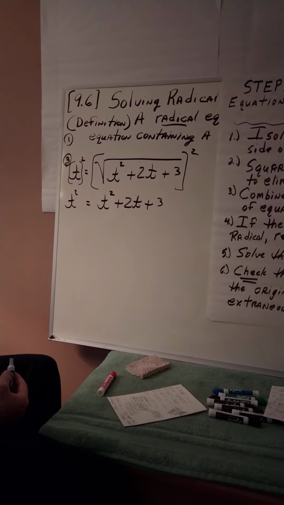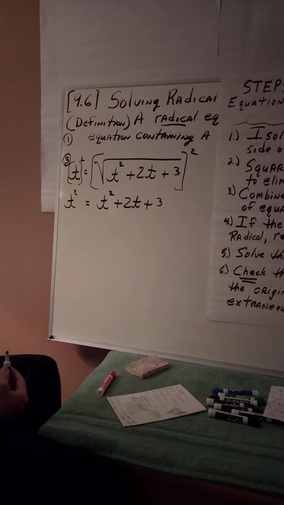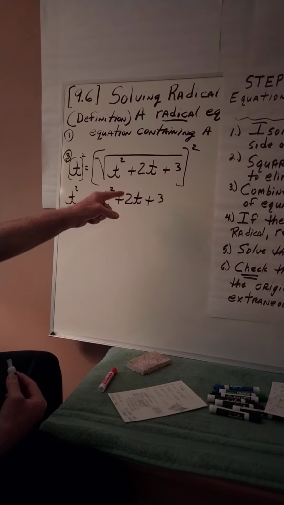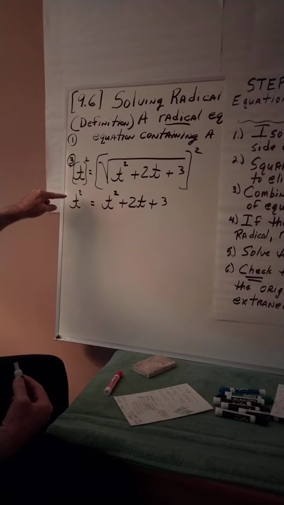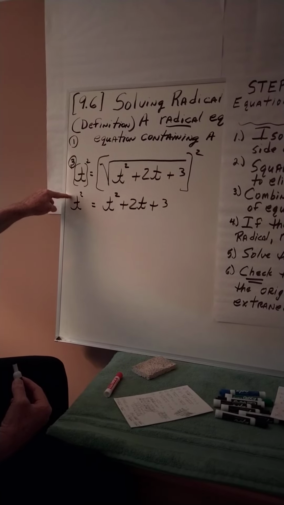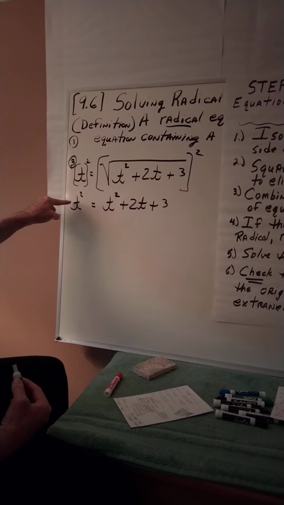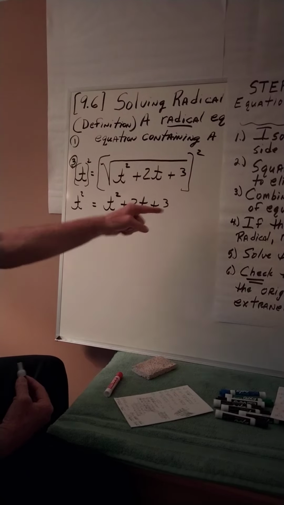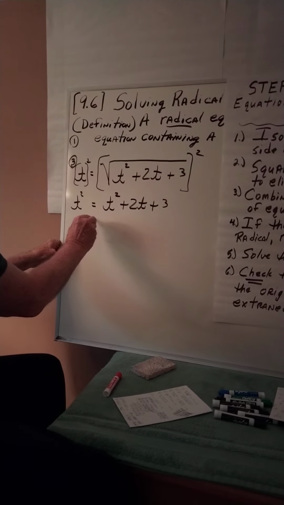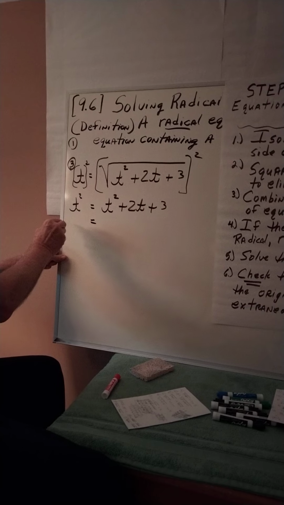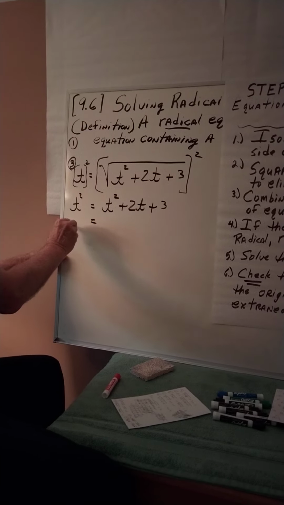Now, it appears to be quadratic upon glancing at it. We need to get it in standard form. We need to take this t squared, because it only has one term on the left-hand side, and move it over to the right so we can get it in standard form. So the opposite of 1t squared is a negative 1t squared.